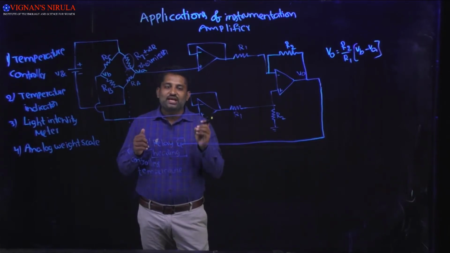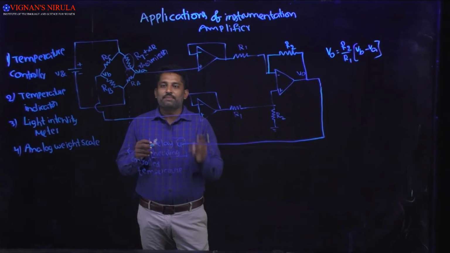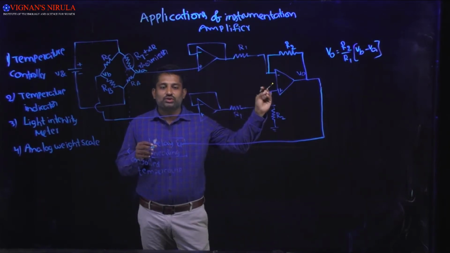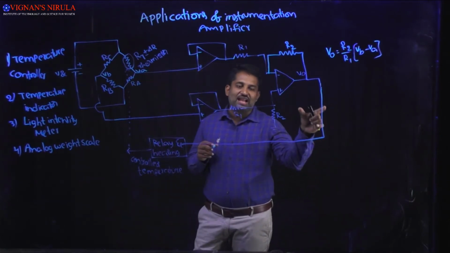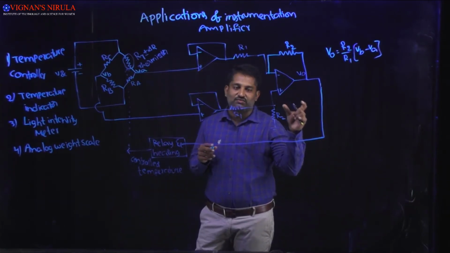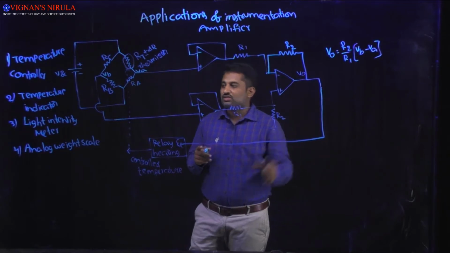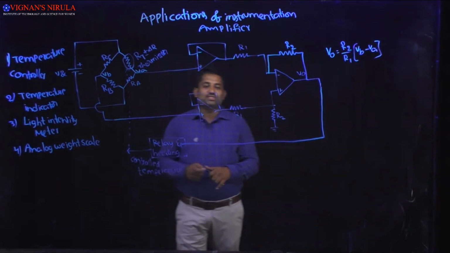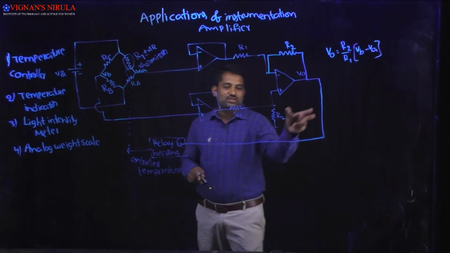At a particular reference temperature the bridge is balanced, V0 is equal to 0, and this meter is calibrated for the reference temperature. So we note that reference temperature with the help of this meter.